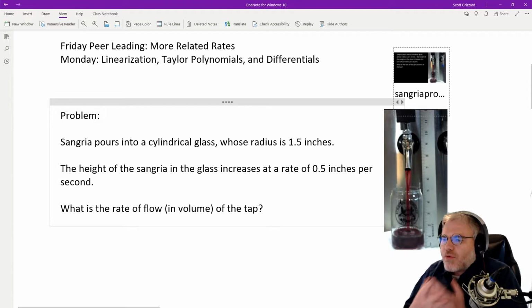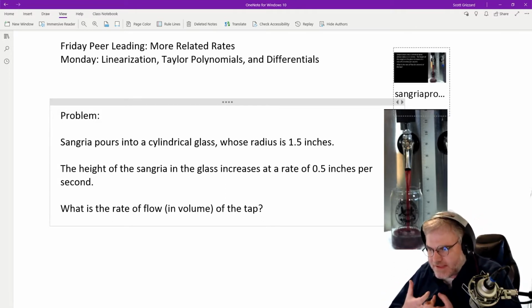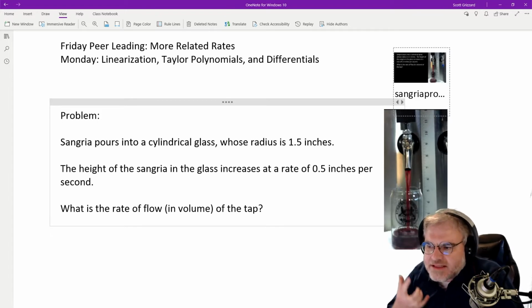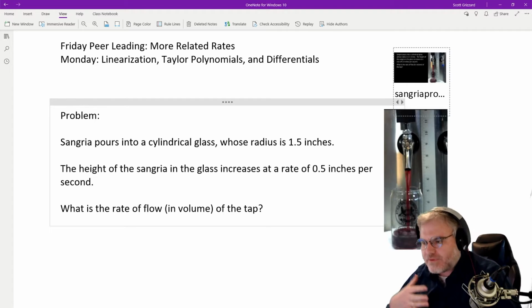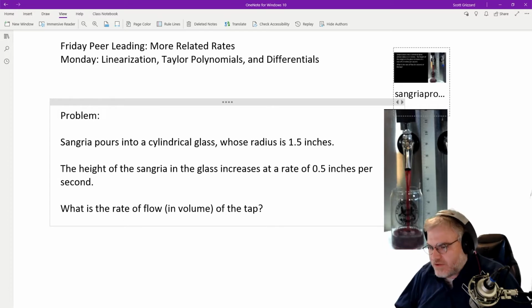Now, there's motion involved. Things are changing, and that's the big deal with related rates. Related rates are about things that move and change with time, or depth, or price elasticity of demand. Things like price, things that change.